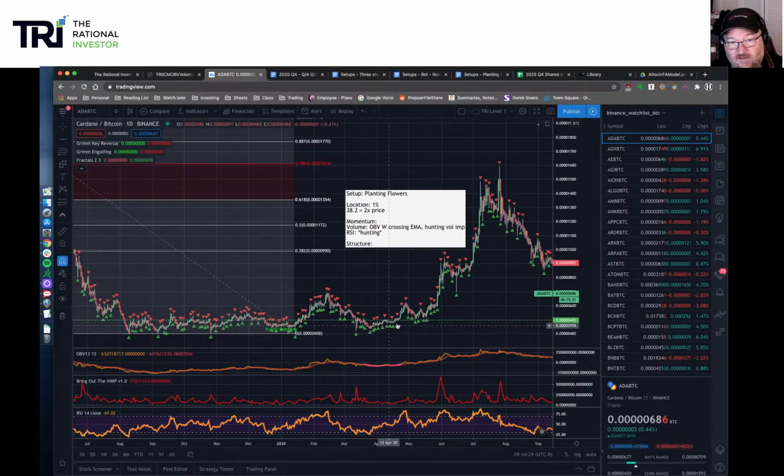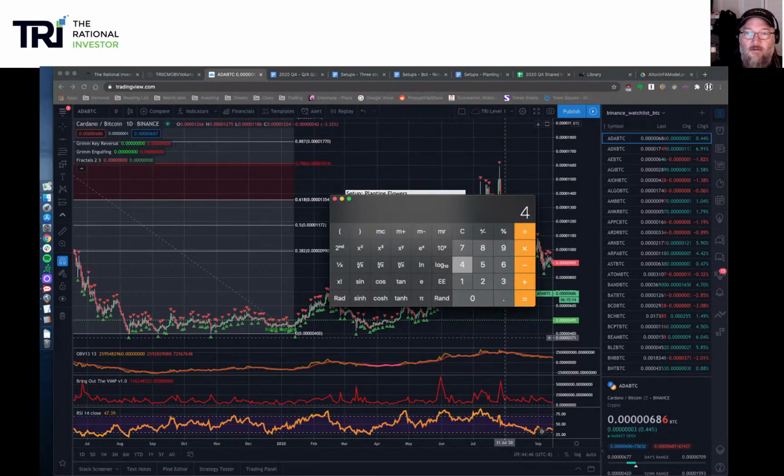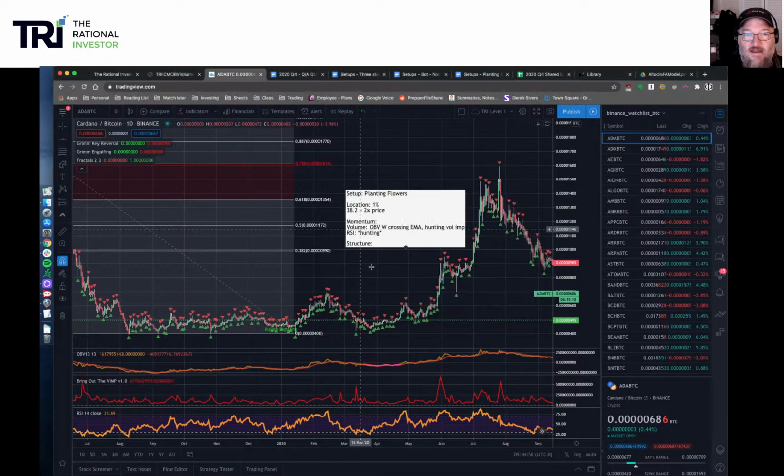And then when we get into the trade, we put our sell orders in immediately. So we sell half on a double, which would have been this 38.2 level. We sell another quarter at 4 times, right? So 4 times would be 1980 sats.